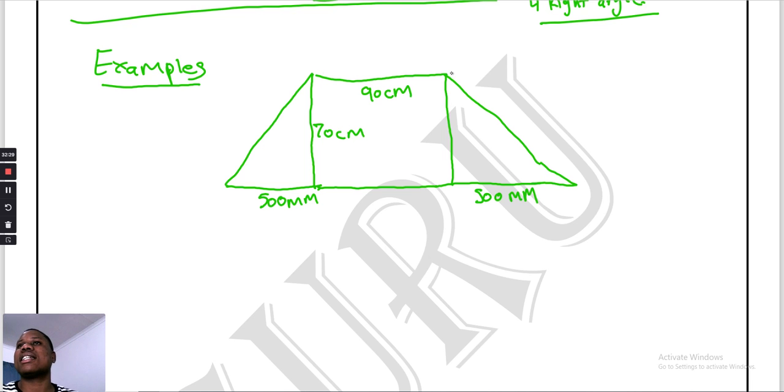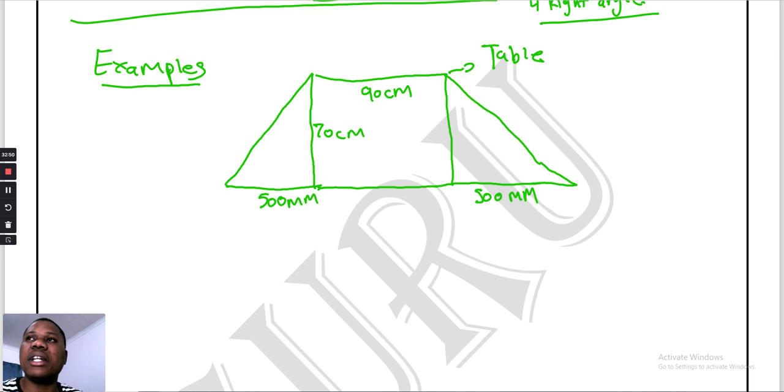Let's say this object here is a table. Okay, this is a table. So now our question says calculate the area of the table. So we need to know in which units.